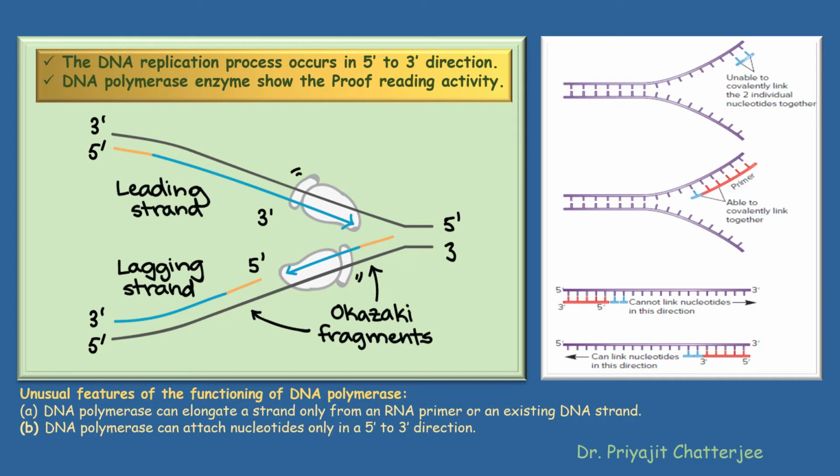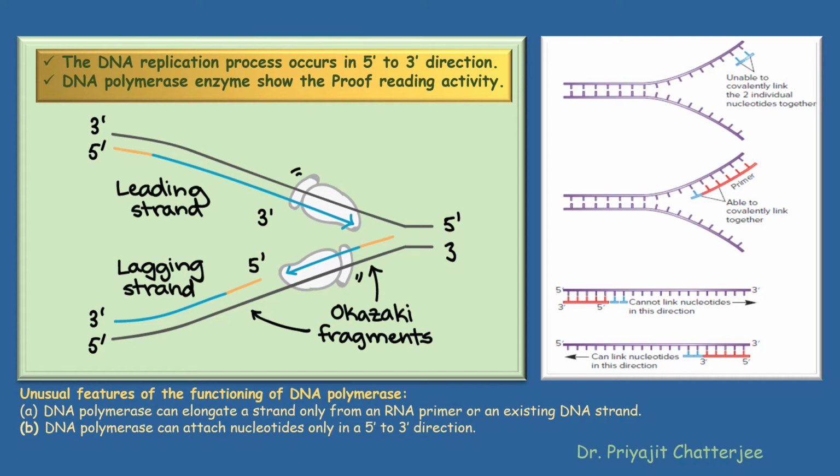So DNA polymerase 3 is the major enzyme in the prokaryotic DNA replication process, but DNA polymerase 1 has a unique characteristic feature. That's why it is very important. The feature is that DNA polymerase 1 has 5' to 3' exonuclease activity. It is required for the removal of the RNA primer, and this activity is only found in DNA polymerase 1.